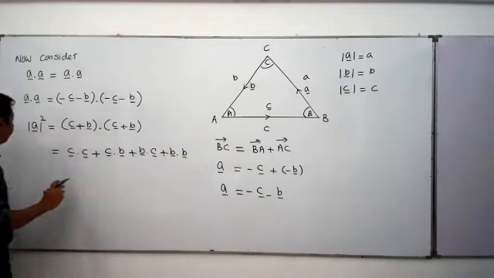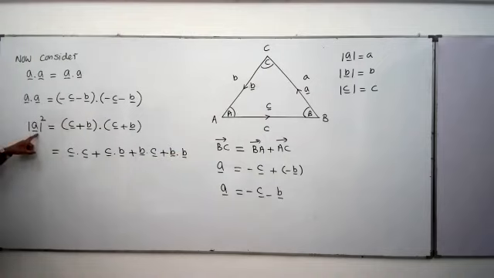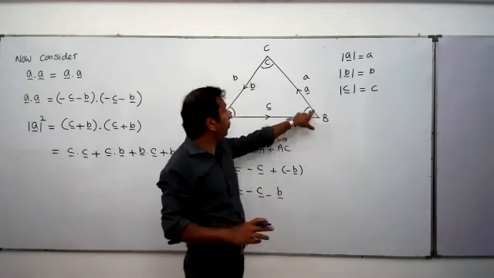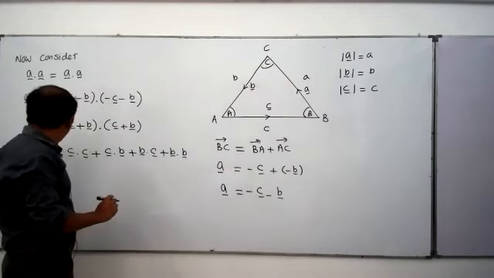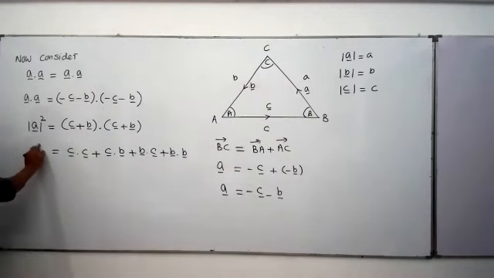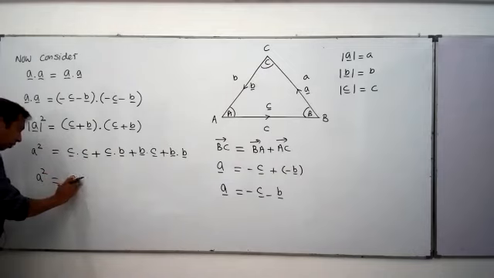Right. People, what is this modulus of A? Modulus of A is simple A length, no? This length, simple A. It is A squared. What is this, people? C dot C, mod C perfect squared.